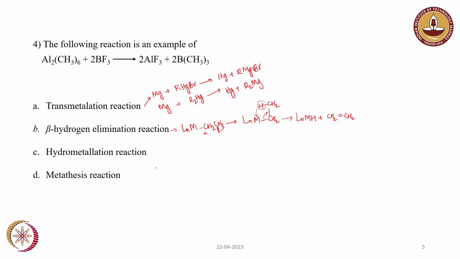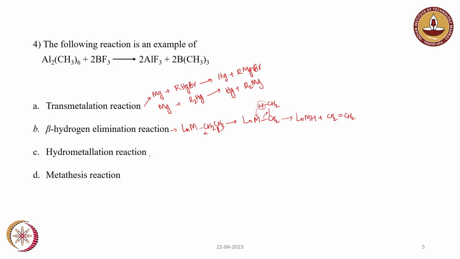Hydrometallation is driven by the high strength of the E-C bond relative to that of most E-H bonds, and occurs with a wide range of compounds containing E-H bonds. E can be boron or silicon.